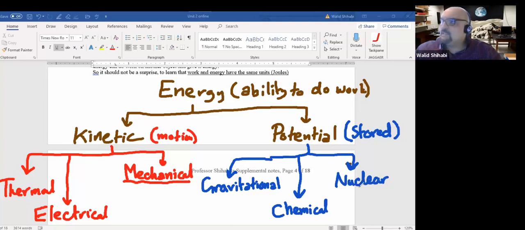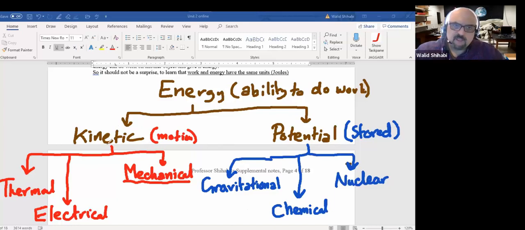Nuclear fusion takes place inside the core of the sun, where hydrogen is fused into helium, mainly. That's the main fusion process inside the sun. Hydrogen fused into helium. And during this fusion process, a huge amount of energy is released from the nucleus, and this energy is transferred into electromagnetic waves.